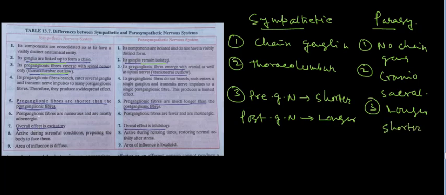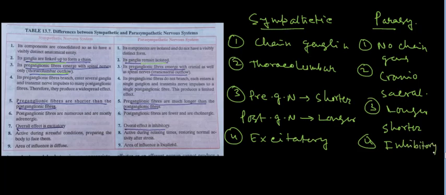The postganglionic fibers are numerous and mostly adrenergic, while in the parasympathetic division the postganglionic fibers are fewer and cholinergic. The overall function of the sympathetic division is excitatory, and in the parasympathetic division the overall function is inhibitory.